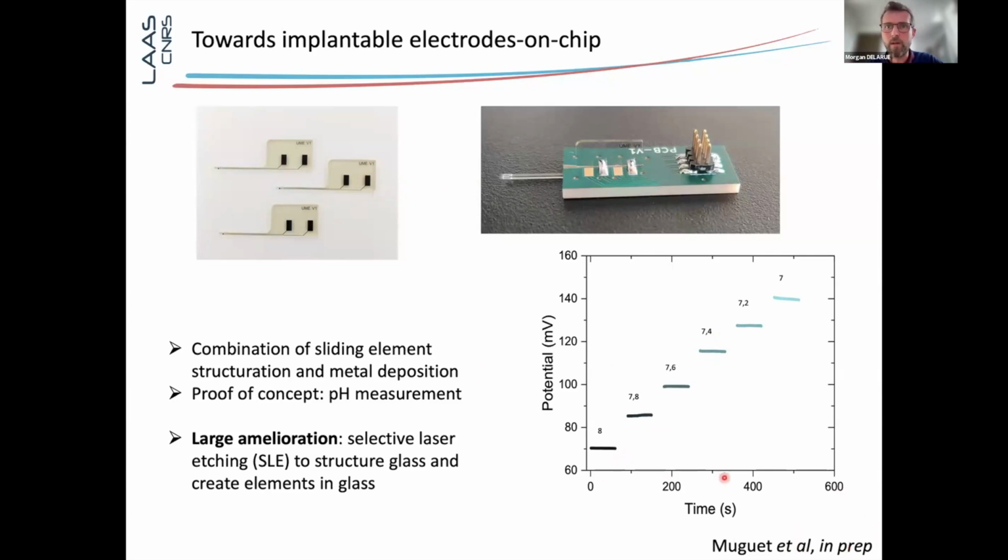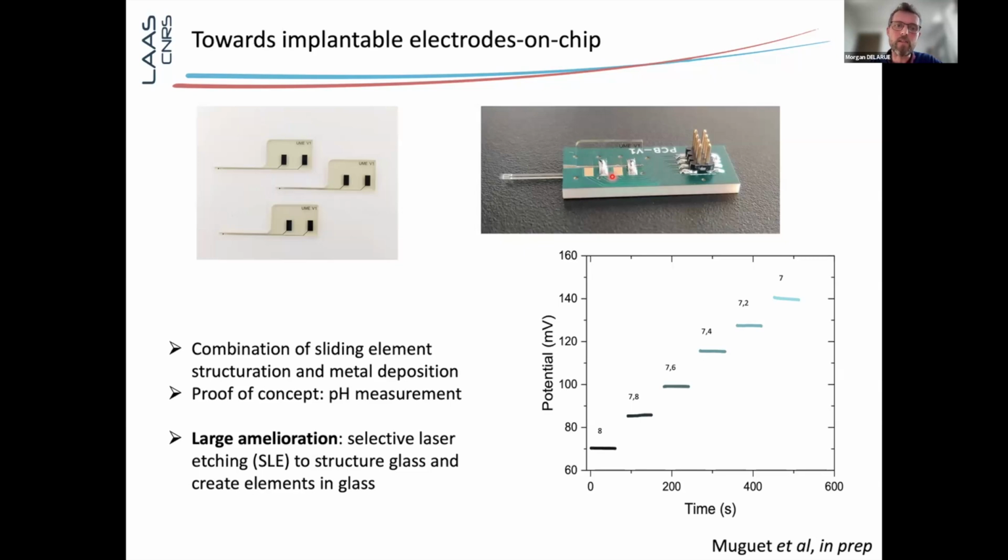and that we are writing the paper on, a macro sliding element with which we can measure pH. Something you can also see is that now we make these sliding elements in glass. That's also a new improvement that we have. For that, we use selective laser etching. For those who don't know that technology, I highly recommend that you have a look at it.